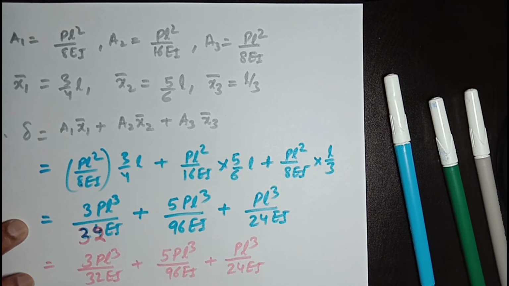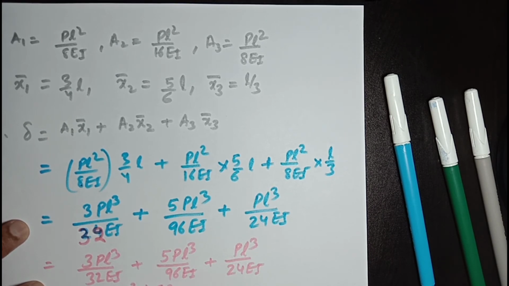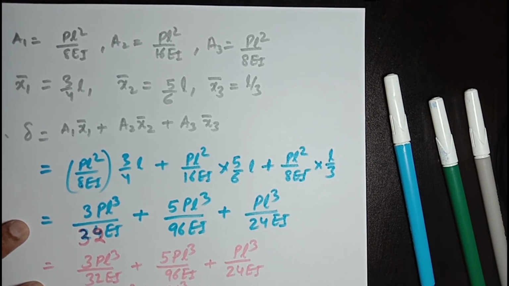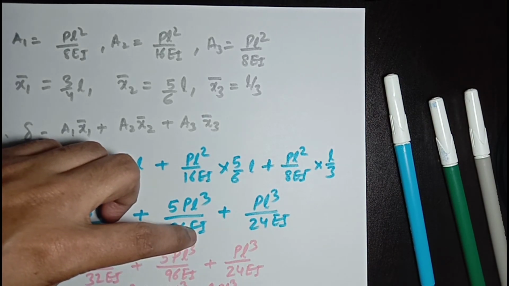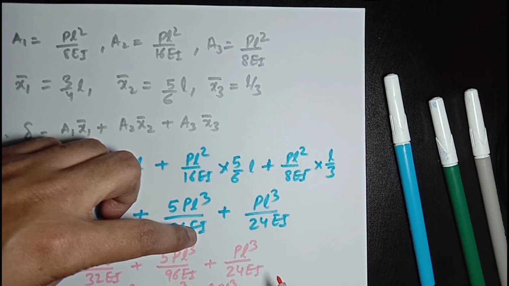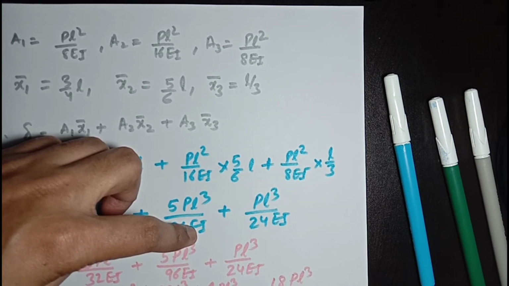This gives 9PL cube plus 5PL cube plus 4PL cube, which is equal to 18PL cube divided by 96.